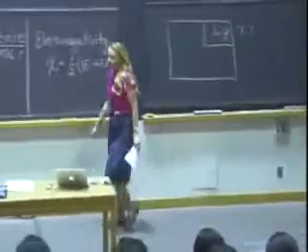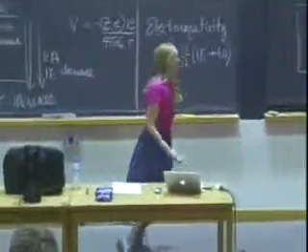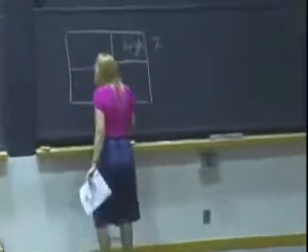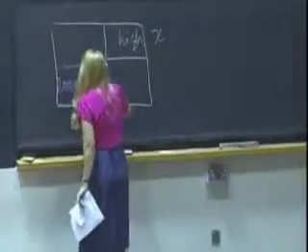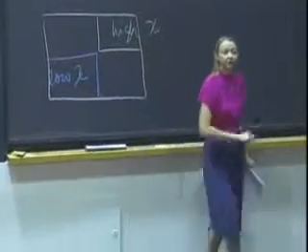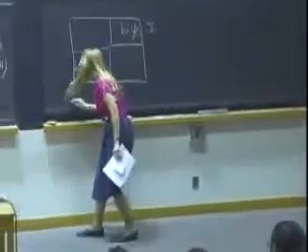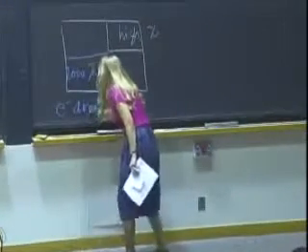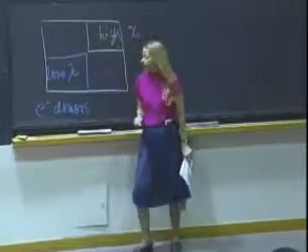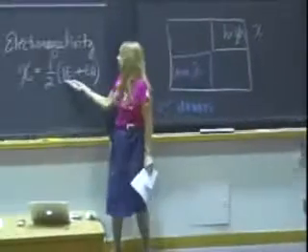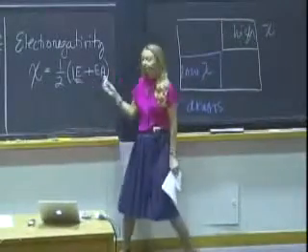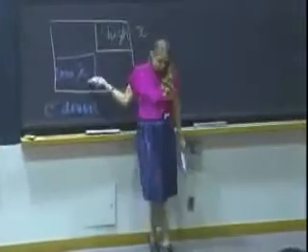And then the elements that are in the bottom left-hand corner of the periodic table have low electronegativities. They are good electron donors. They're good electron donors because their ionization energy is low in this part of the periodic table.